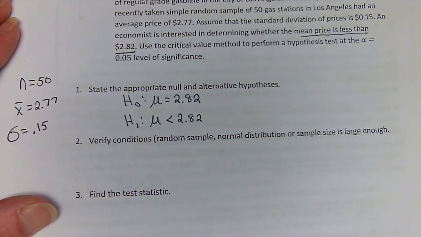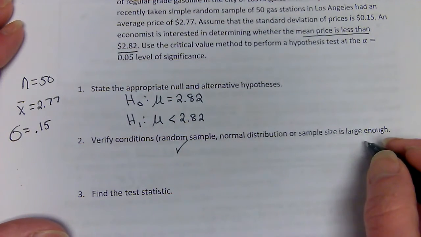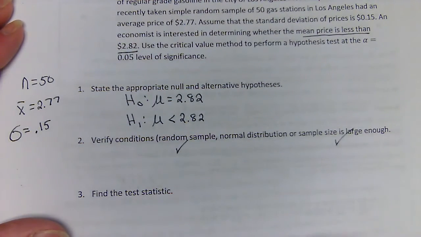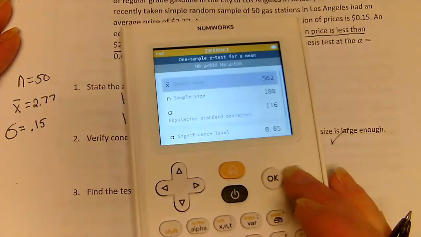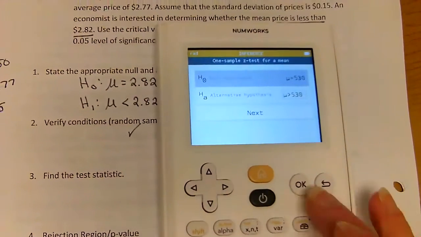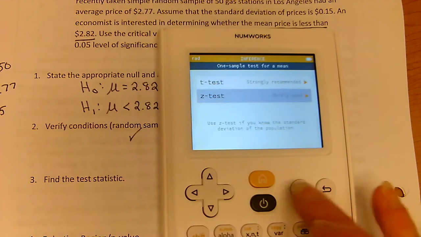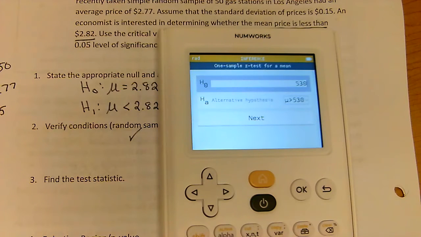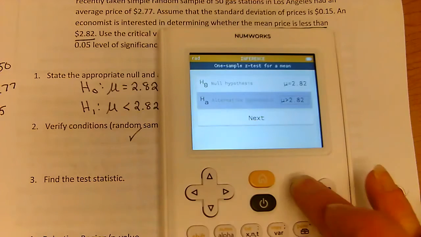Let's verify our conditions. Did they say we had a random sample? Check. Is my sample size large enough? Yes. Okay. So my null hypothesis is 2.82. We want a less than.